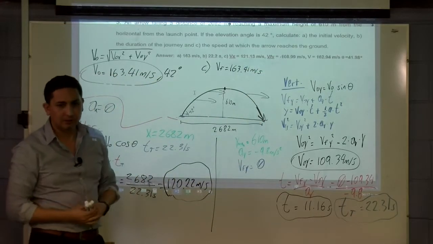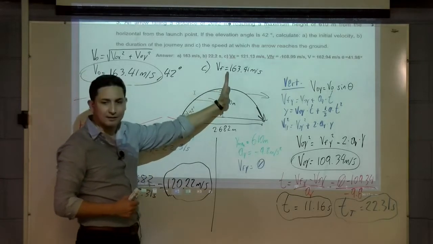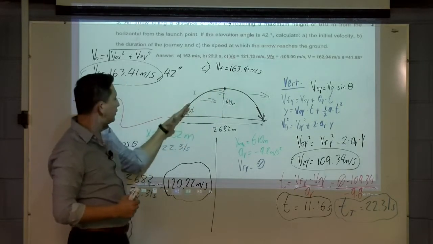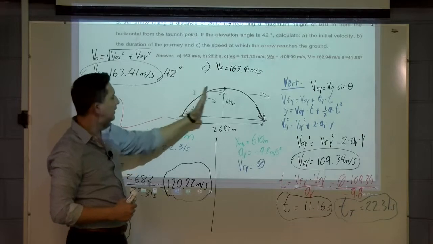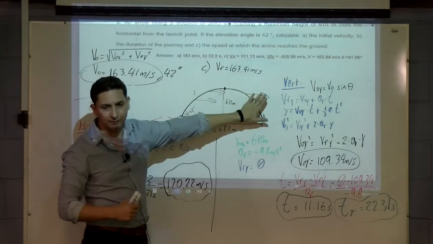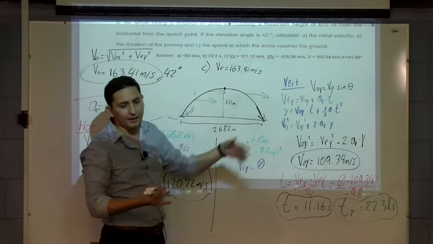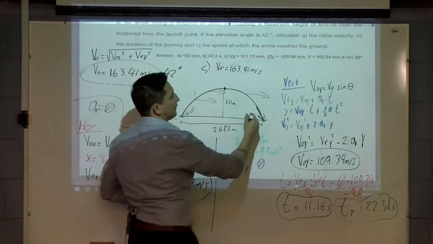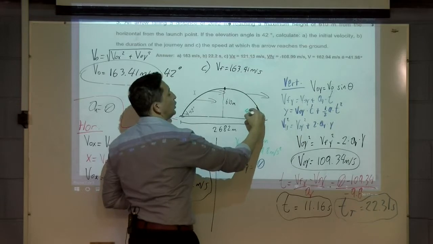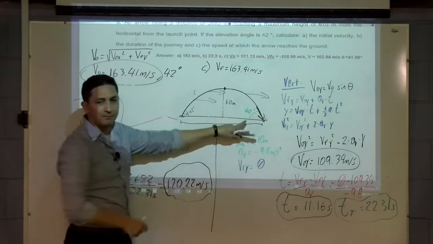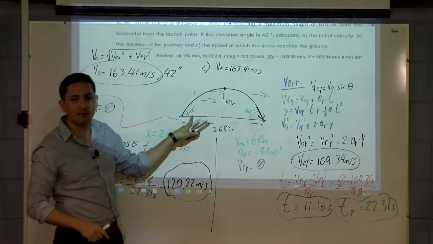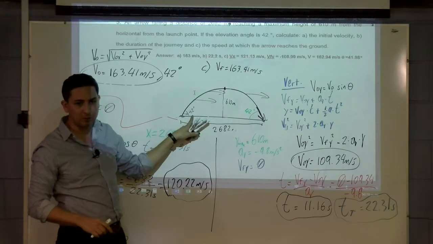How do I know? Well, because remember that this is the half. So if you started with 163, the other half is like a mirror. So you are ending with 163. And the angle, of course, is 42. The same angle that I used to start my parabolic motion.